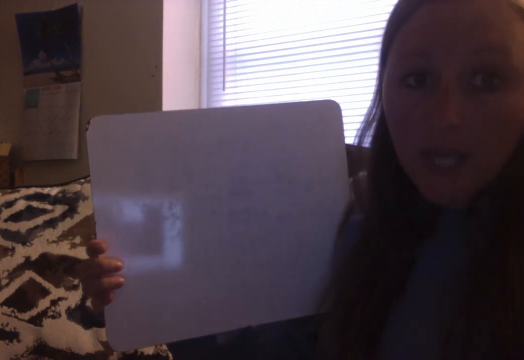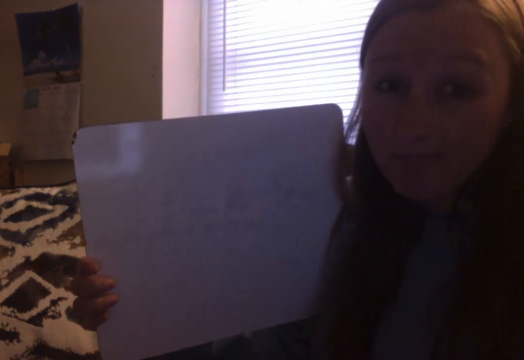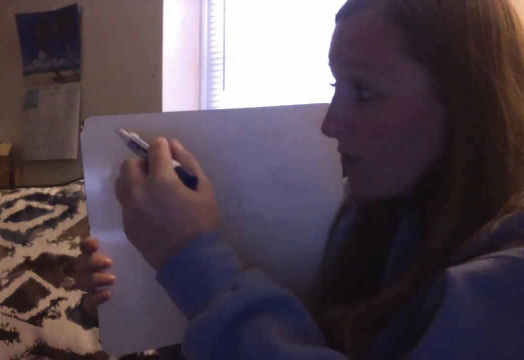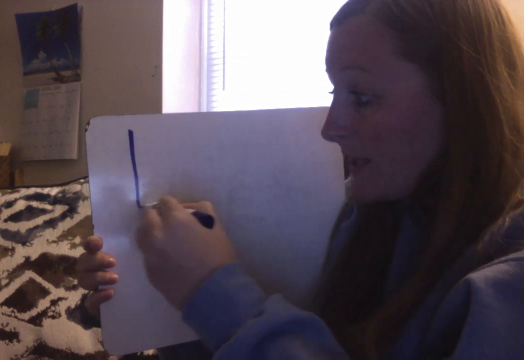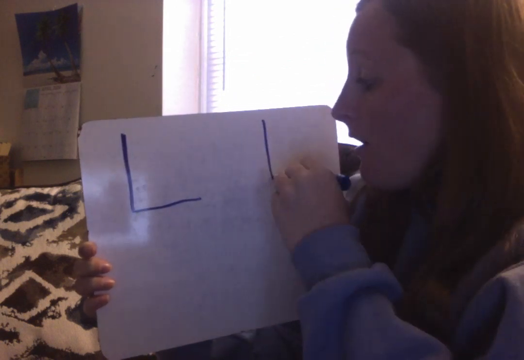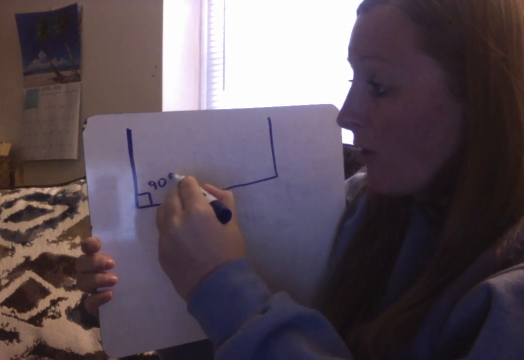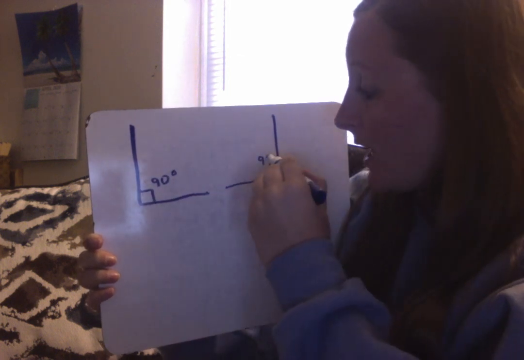I know, my whiteboard is so little. The first kind of angle, which we all pretty much already knew before MEA testing prep, was a right angle. And a right angle is an angle that meets together at a perfect square or 90 degrees angle.